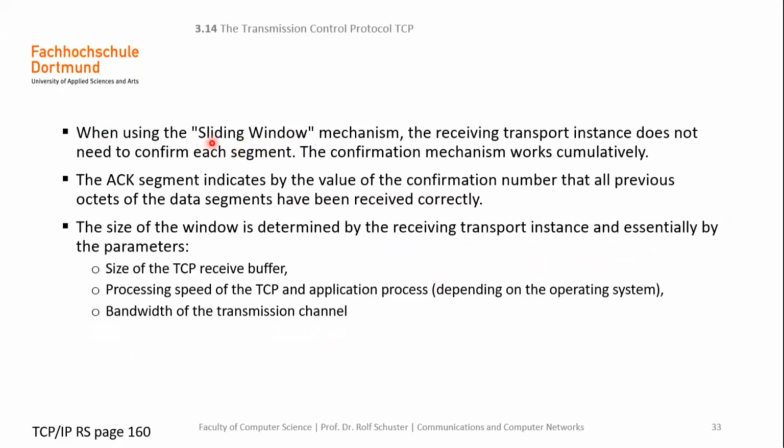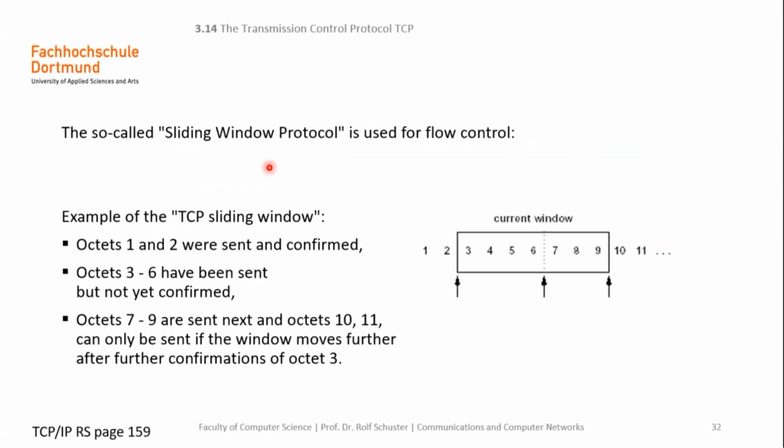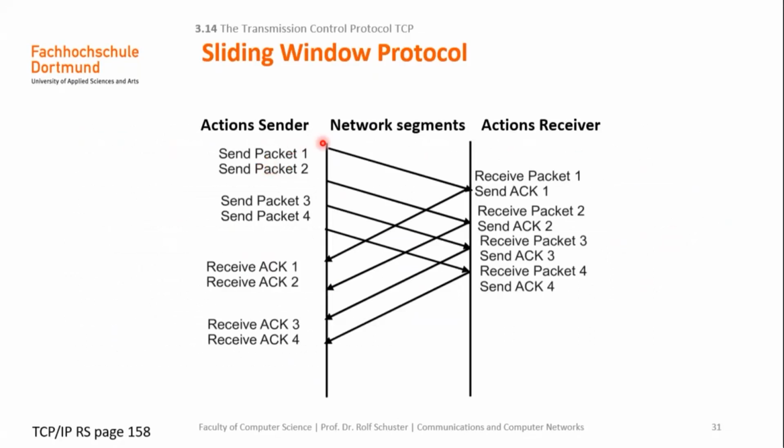When using the sliding window mechanism, the receiving transport instance doesn't need to confirm each segment. That is, the confirmation mechanism works cumulatively. We are not obliged to send a segment with an acknowledgement each time we receive a segment.